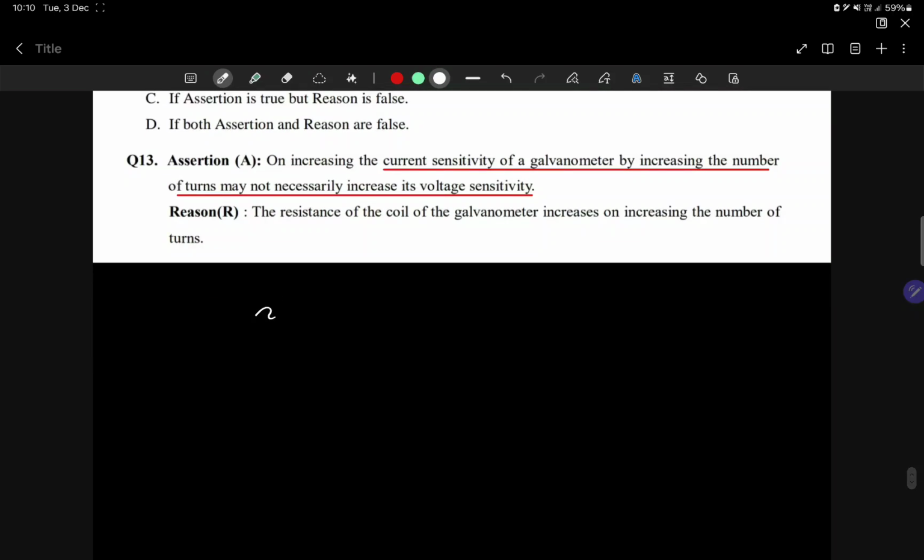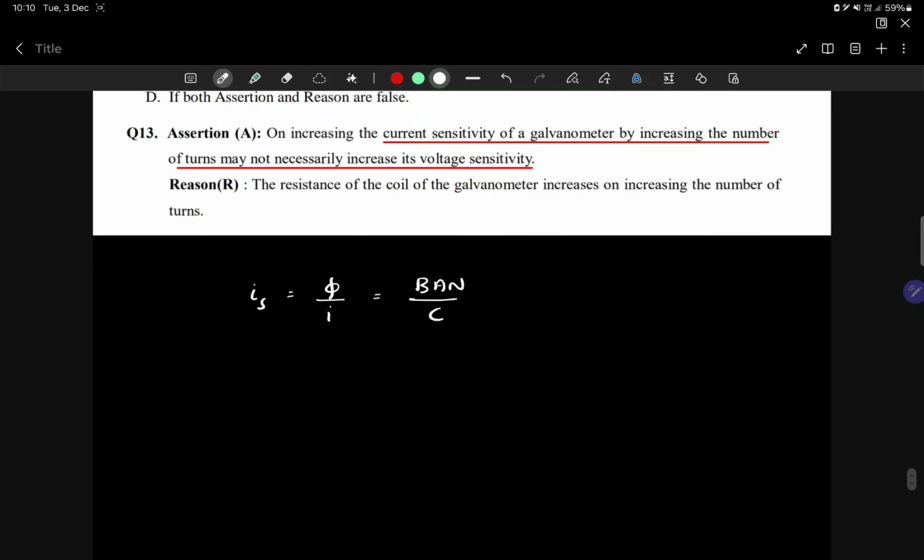Current sensitivity Is, that is equal to deflection per unit current, whose formula is BAN by C, where torsional constant is C. And for voltage sensitivity we can write Vs, that is phi by V, deflection per unit applied voltage. So it is BAN by C into R.